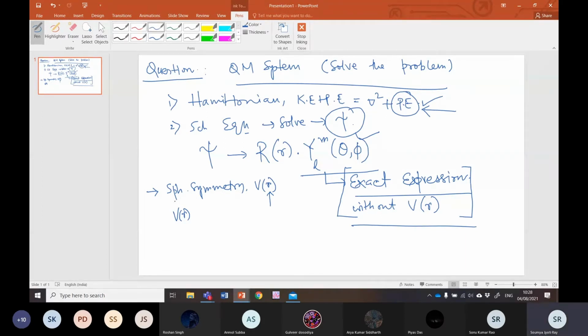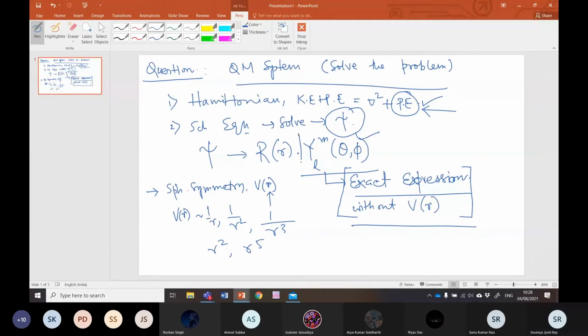Is it clear? So the potential can be 1 over r, 1 over r squared, 1 over r cubed, r squared, r to the power 5, anything. But at the end, the angular part will not be affected by this.